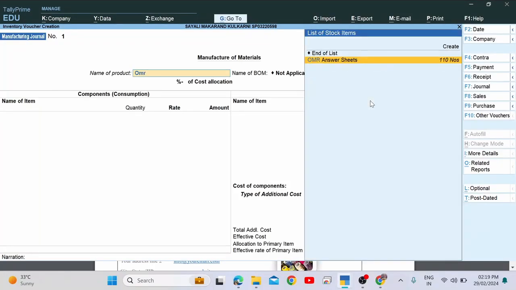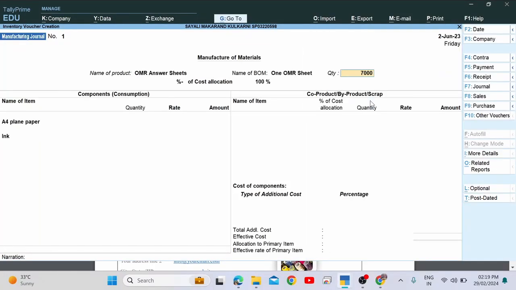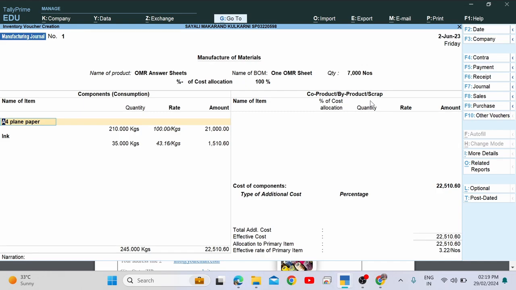Therefore say OMR sheet, select quantity 7,000 units, and then for this, how much plain paper and ink required, Tally will calculate, because we have specified for one. By simply multiplying that bill of material quantity into 7,000, Tally has given A4 size paper you will need 210 kg, and ink you will need 35 kg for 7,000. So this is the automation. Automatically Tally has given the information.